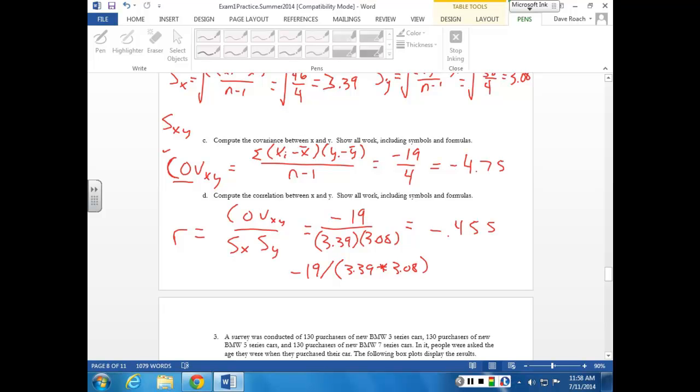That -19 should have been -4.75. Sorry. Shouldn't have looked at my paper there. Yes, thank you. That's -4.75, and it does come out to be -0.455.